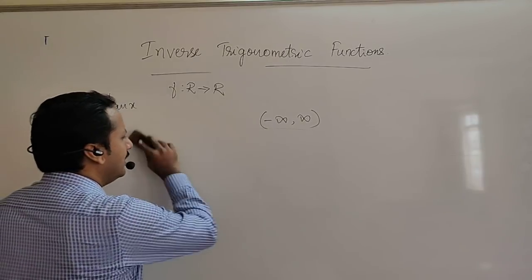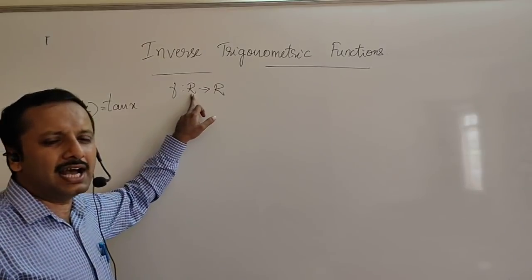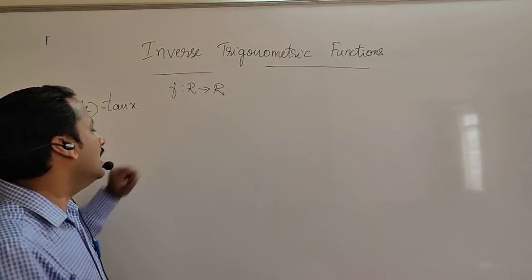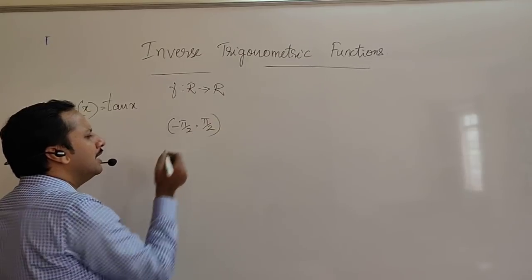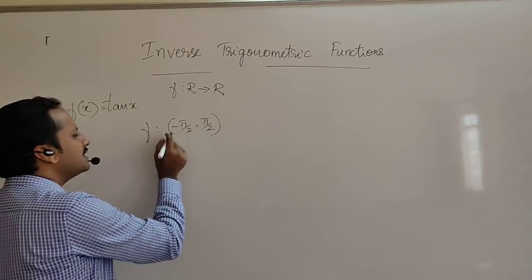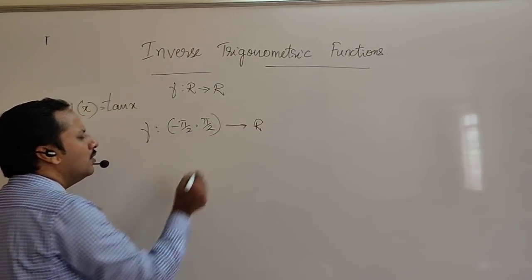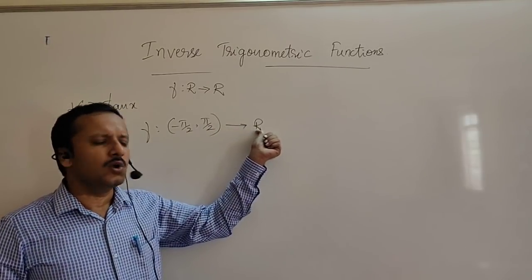Okay. So now instead of the domain as R, I will choose the open interval minus pi by 2 to pi by 2. I will choose this interval as the domain. F is defined from this interval to R. Open interval minus pi by 2 to pi by 2 is the domain and R is the codomain.